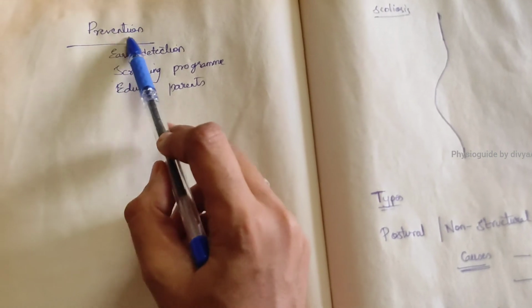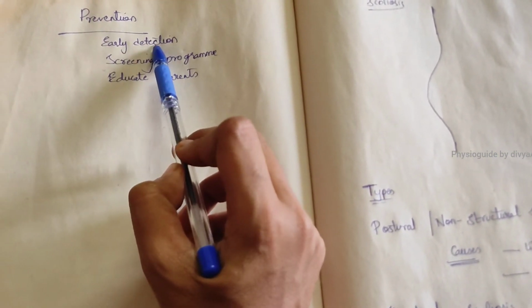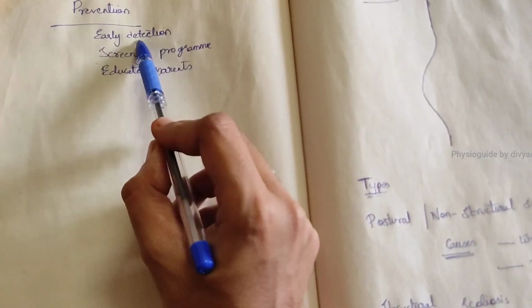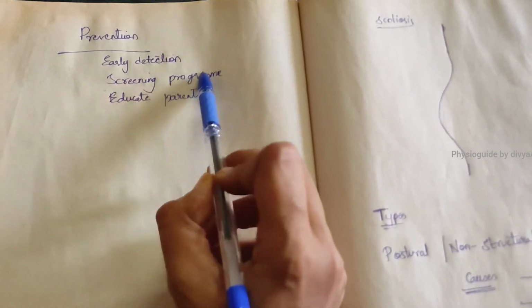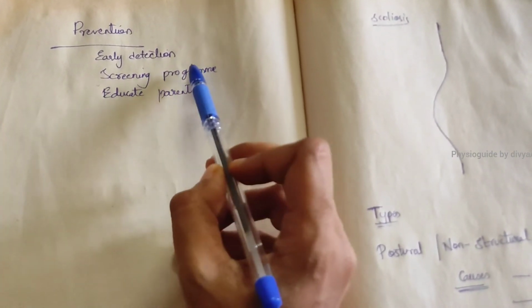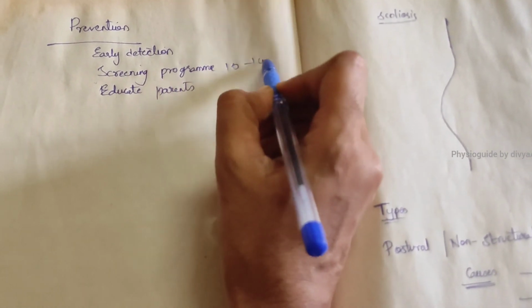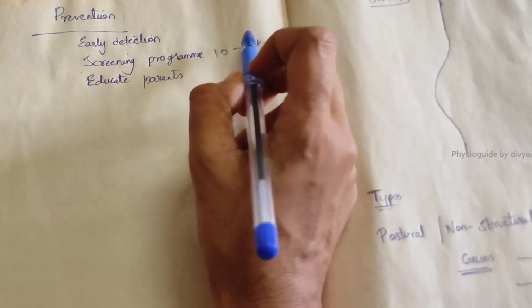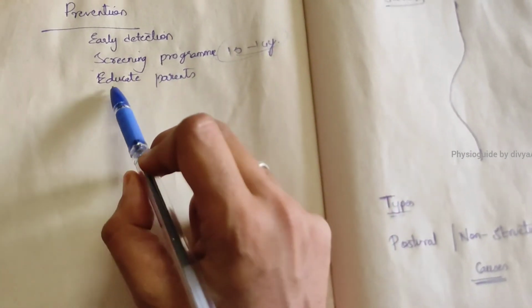Prevention plays a very important role. First, early detection plays a very important role in prevention of scoliosis. Next, a screening program of all children between the ages of 10 to 14 years is necessary because this age group is more vulnerable to getting scoliosis.